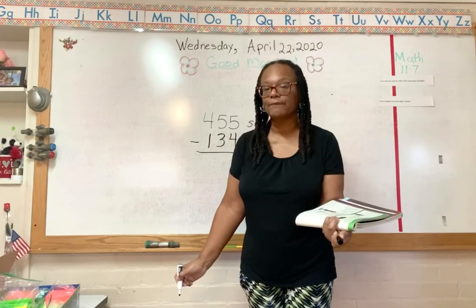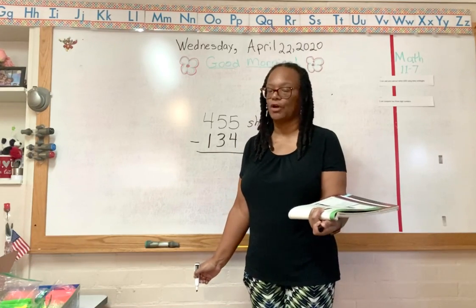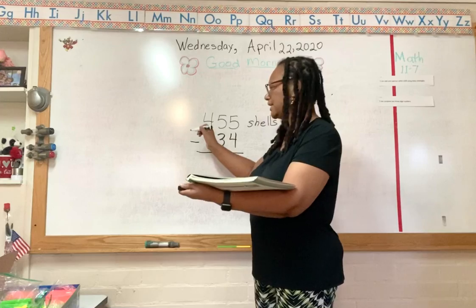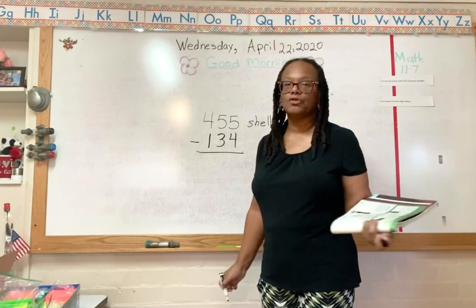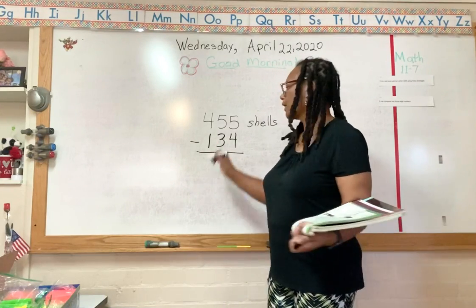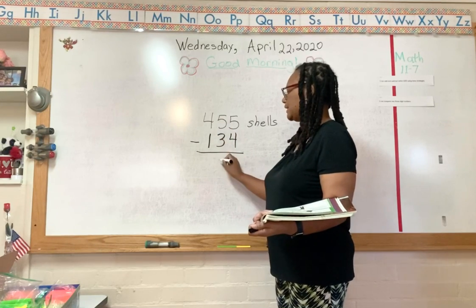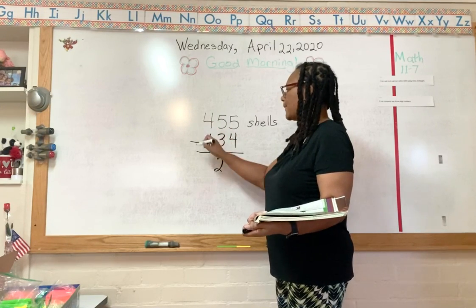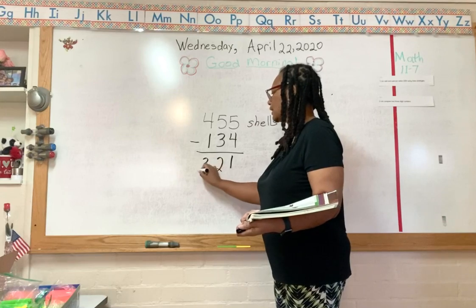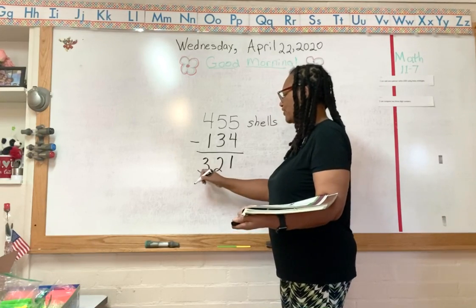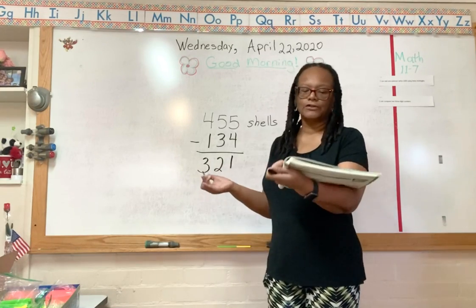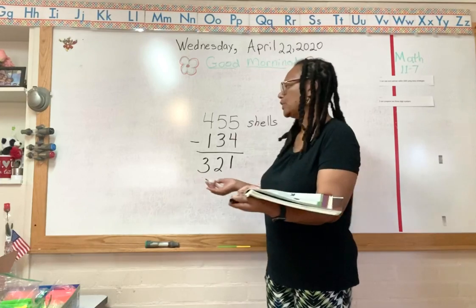Whenever you give something away, you subtract. You don't add. So that's an easy subtracting problem. Do you have to regroup? No. 5 minus 4 is 1. 5 minus 3 is 2. And 4 minus 1 is 3. So then she had 321. So now she has 321.